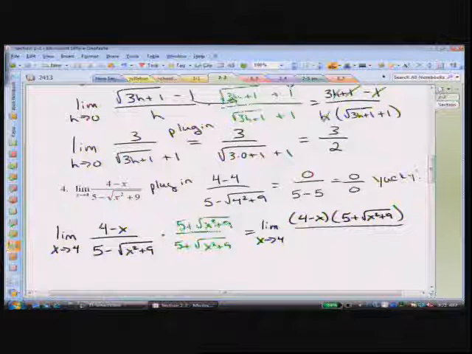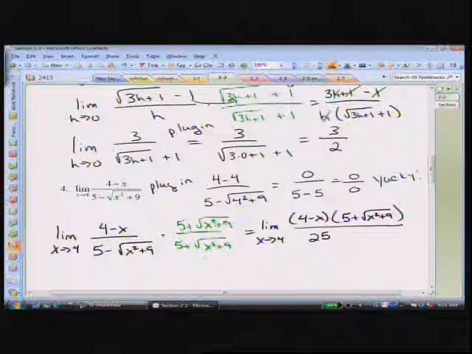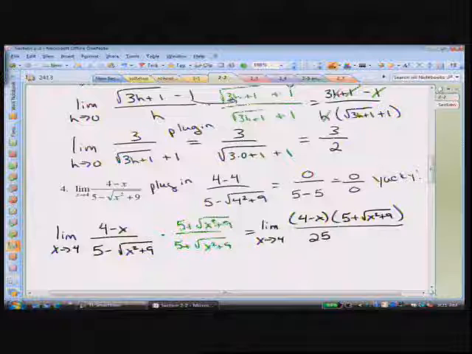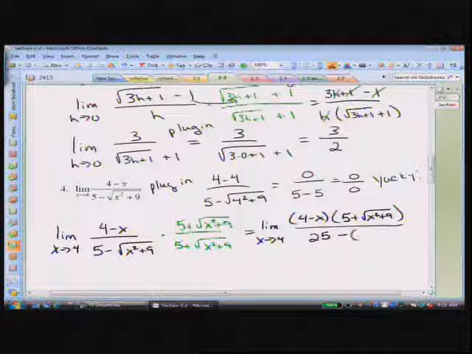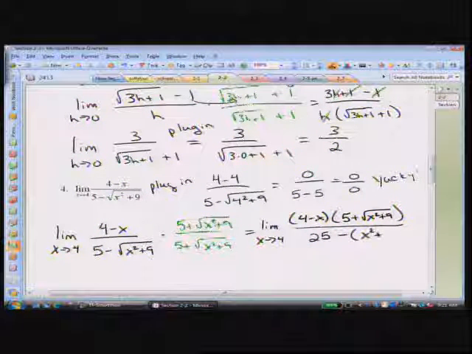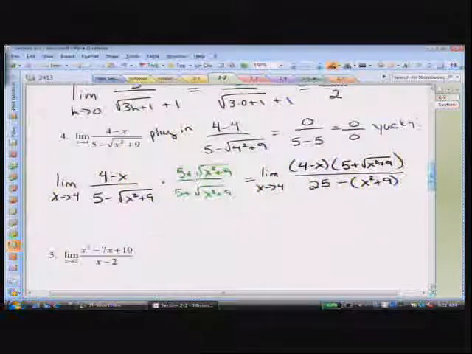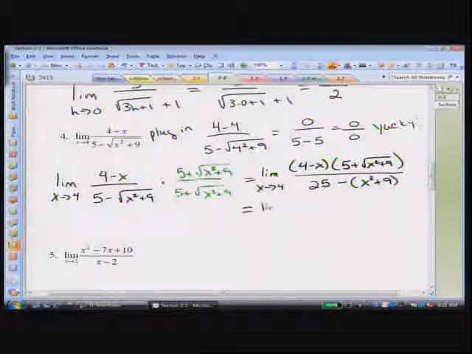All right, now in the denominator, 5 times 5 is 25. Notice when you multiply this times this and then that times that, the middle term falls out, and then you will get minus this squared, which will just be minus, careful here, x squared plus 9. Okay, and then let's clean up our denominator a little bit more.